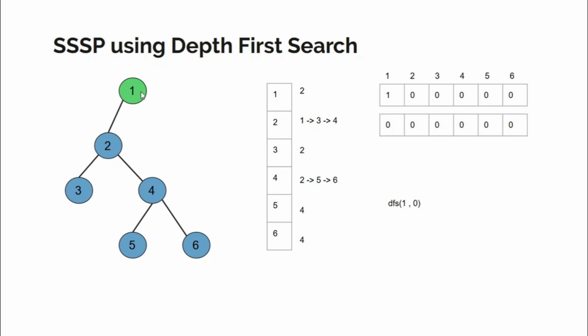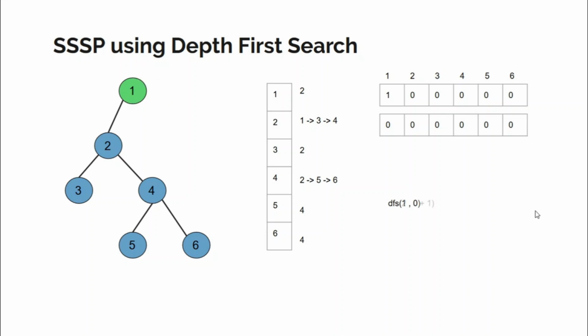Node 1 is at 0 distance from the source, and you can reach node 2 only via node 1. Since node 1 itself is at 0 distance and you have to traverse one edge to reach 2, the total distance of node 2 must be 1 plus the distance of node 1.